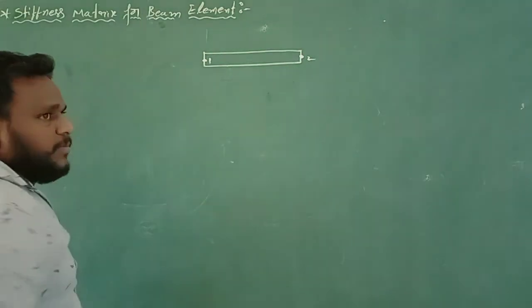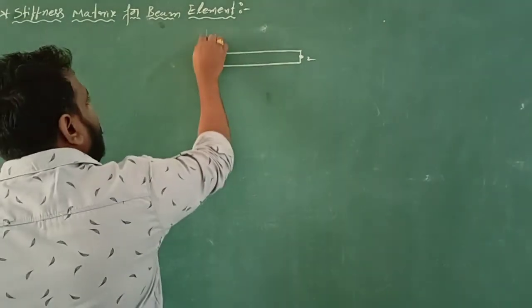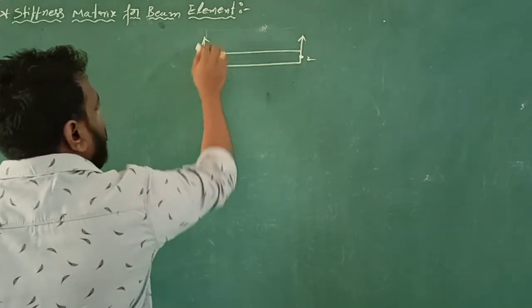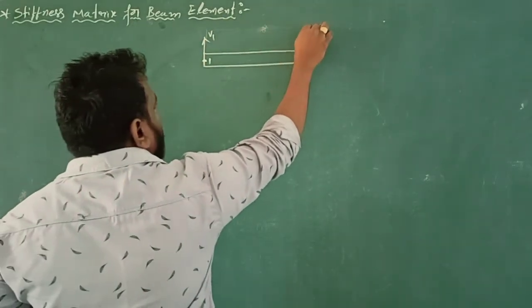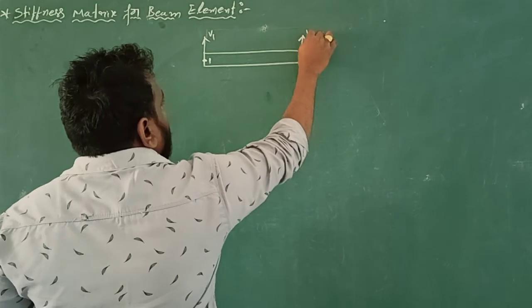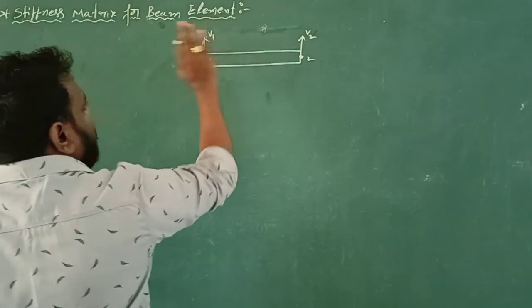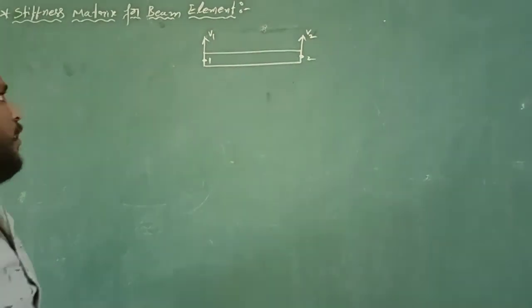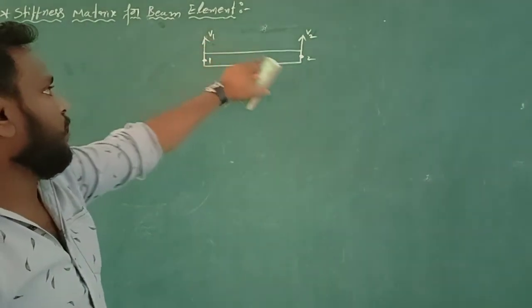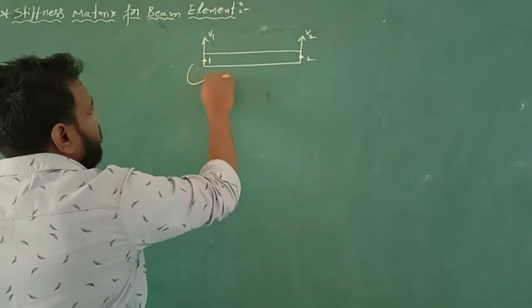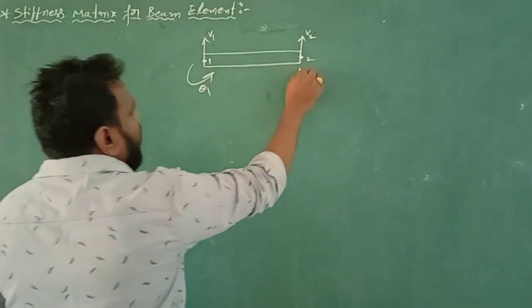Each node has two displacements. One is linear deflection, V1 and V2, and the other is angular deflection, theta 1 and theta 2.